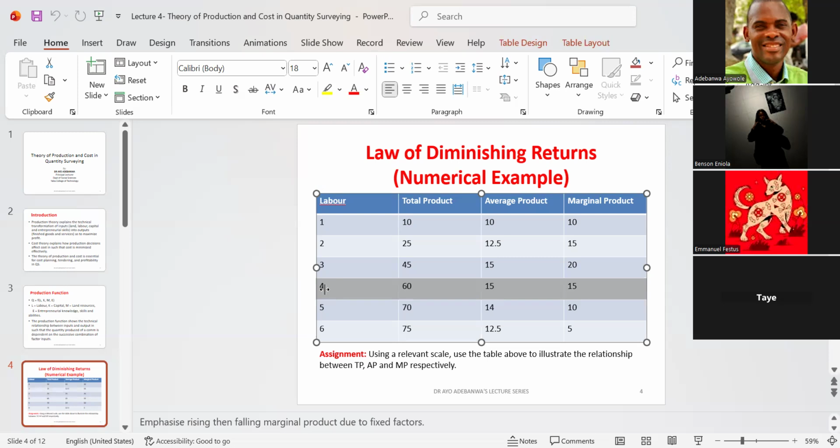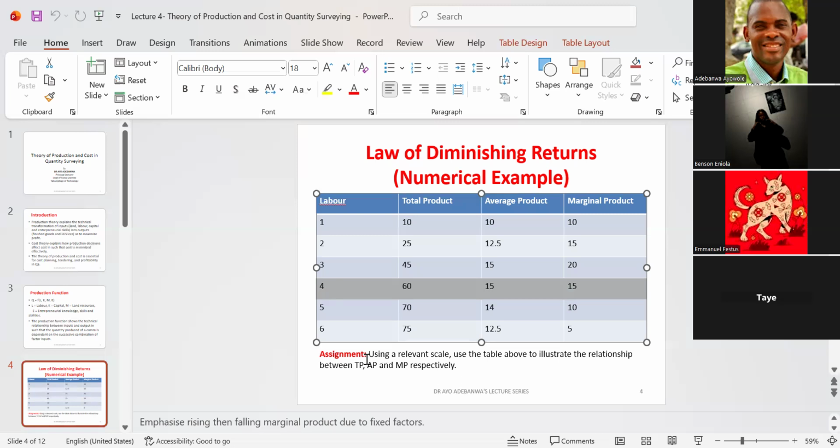So the law of diminishing returns says that as you add a variable factor of production, let's say labor, to a fixed factor of production, let's say land, once the marginal product starts to fall and the average product starts to fall, then the law of diminishing returns is setting in.